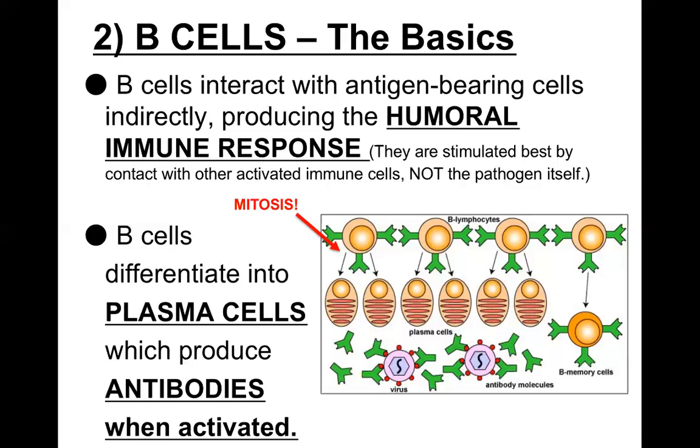So really the best way to get the strongest antibody response would be to have the right B cell encounter the foreign antigen, either by contacting the pathogen itself or by contacting an APC, those phagocytic cells that present the foreign antigen to it. And then we reinforce that with a helper T cell, and then the correct B cell is going to get activated and proliferate.